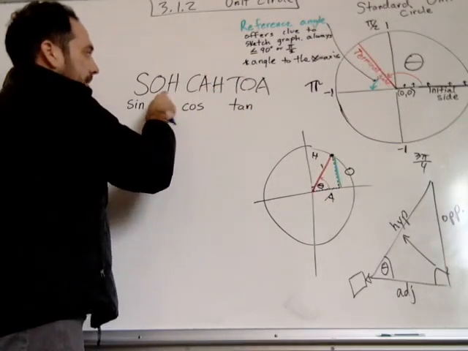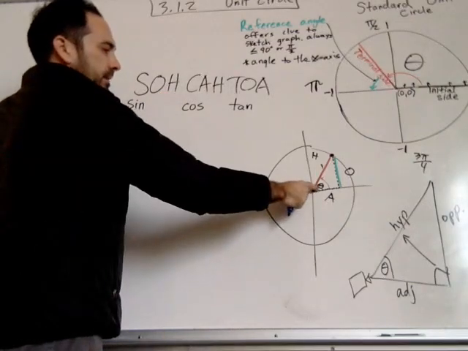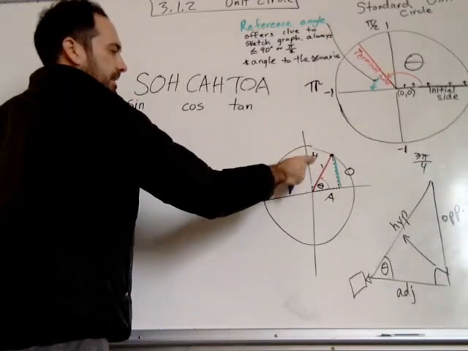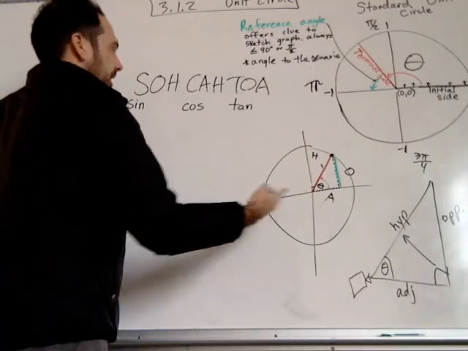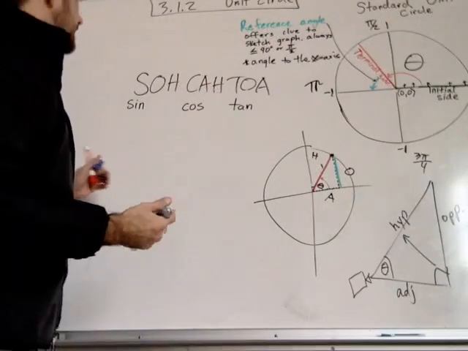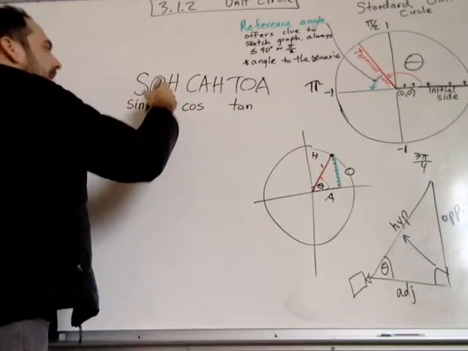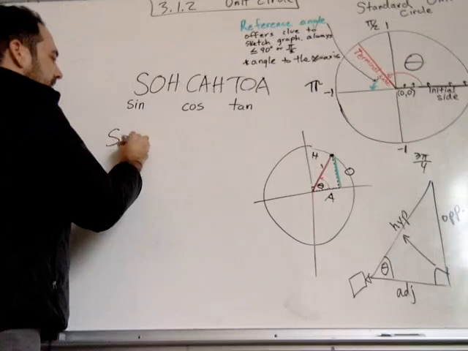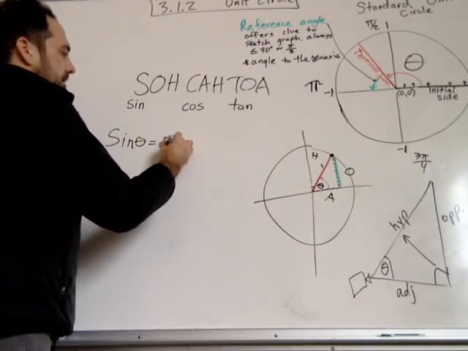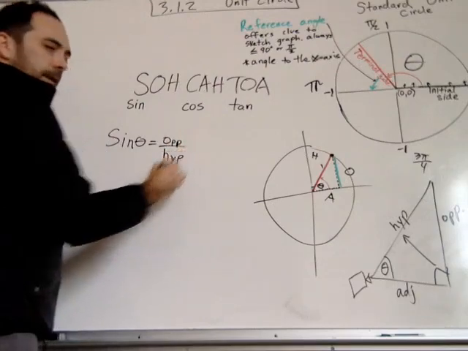Sohcahtoa tells me, based on where theta is and what sides I'm interested in, as long as I identify them as hypotenuse, opposite, adjacent, then I can set up my trig function using that. So sine is opposite over hypotenuse. We'd say sine of theta is equal to the opposite over the hypotenuse.